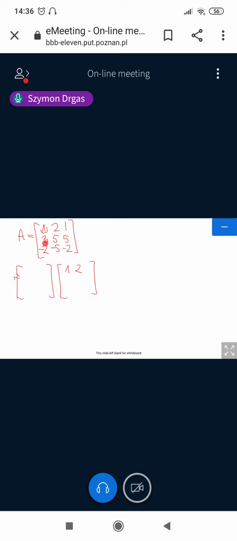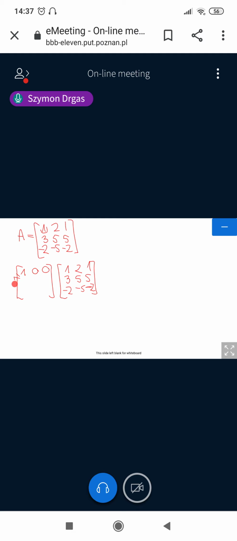So I will rewrite this matrix A here. 3, 5, 5, -2, -5, -2. And so after this first step, the first row will be unchanged. So as we discussed earlier, we just need to write 1, 0, 0.